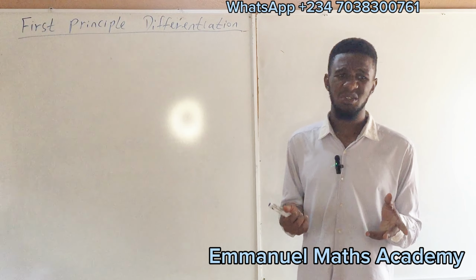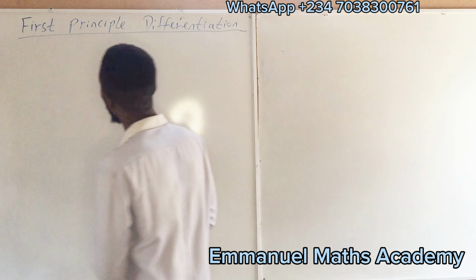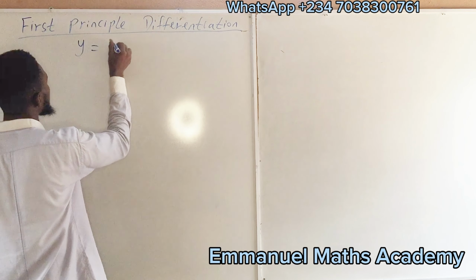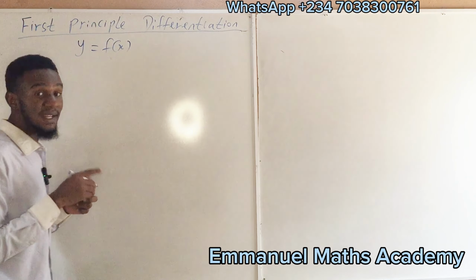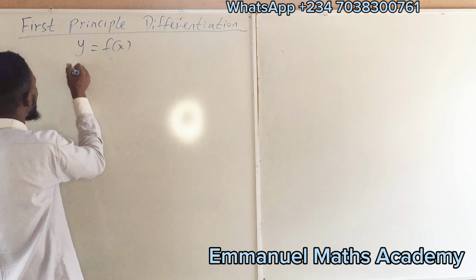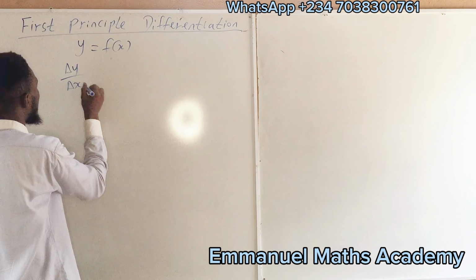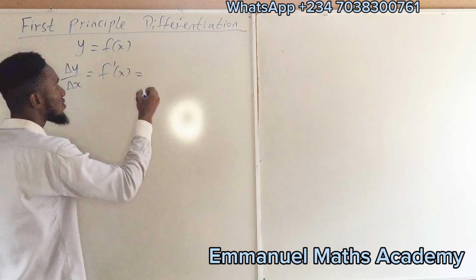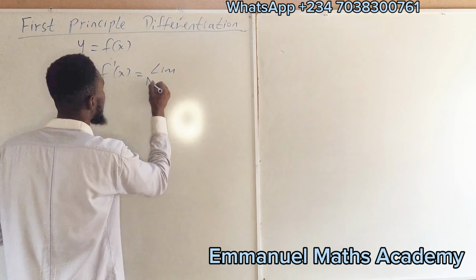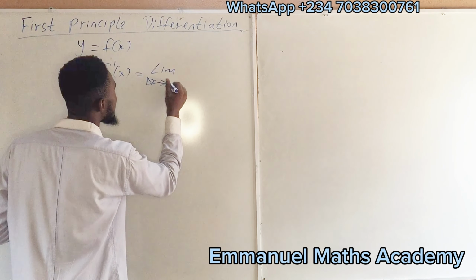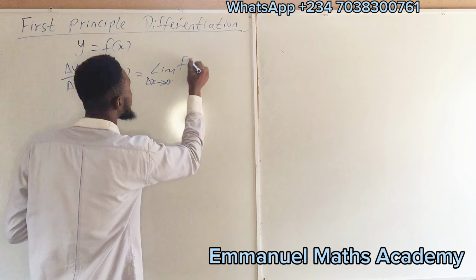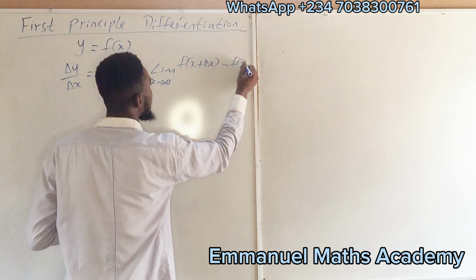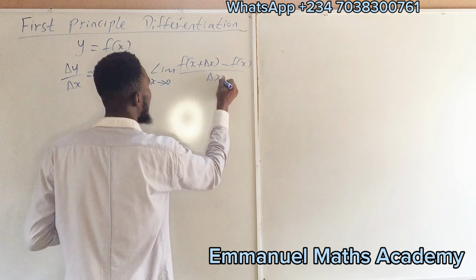Now, for the first principle method of differentiation, given y equal to f of x, then dy/dx here is the change in y with respect to what? x, which is equal to f prime of x, equal to the limit as delta x tends to 0 of f of x plus delta x minus f of x, all over delta x.